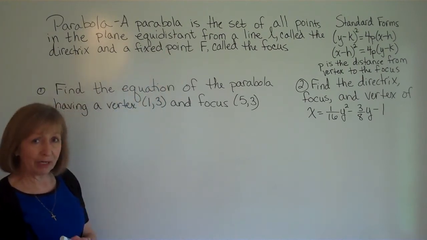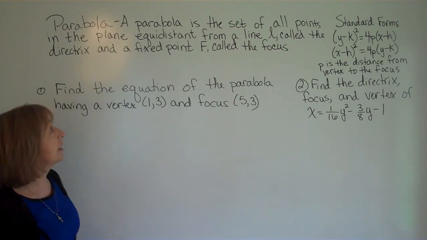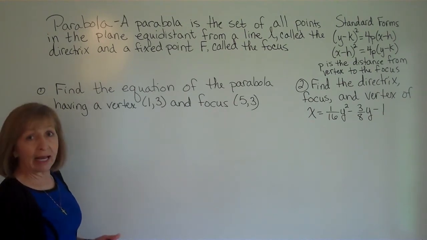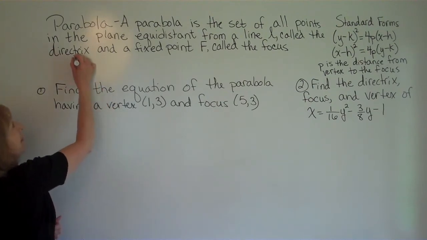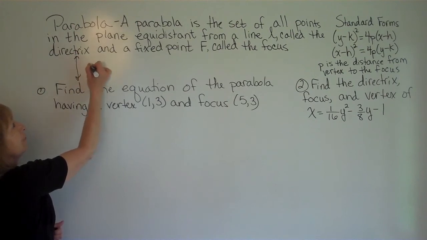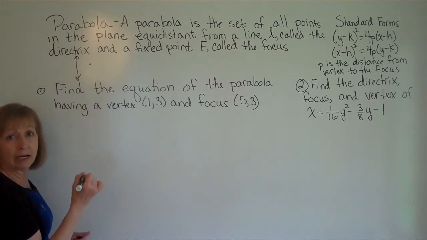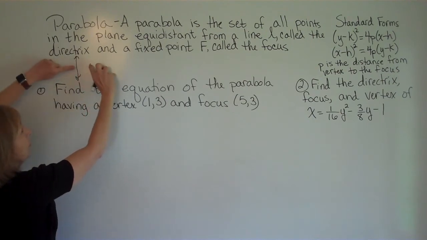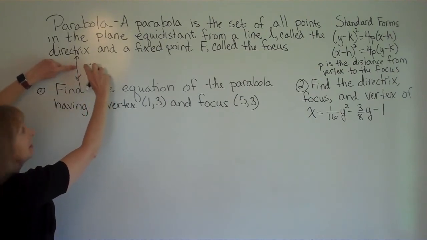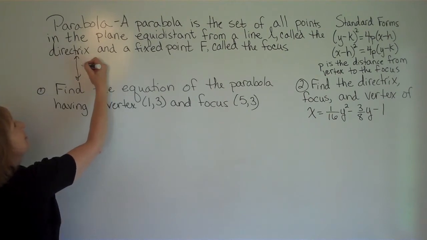So just getting a picture of this with these other key components, when I think about how this goes with the directrix and the focus, if I have a directrix that's vertical and I have a focus that's to the right of it, then the parabola is all those points that are equidistant between the focus and the directrix.